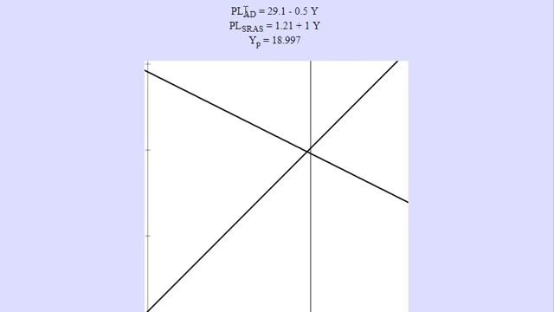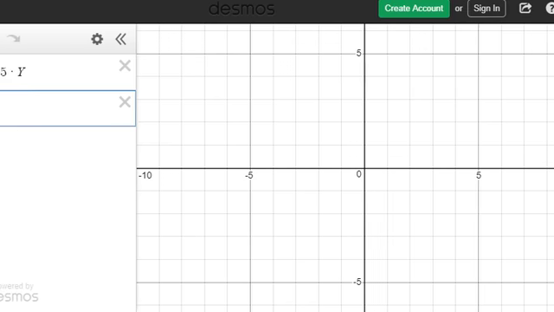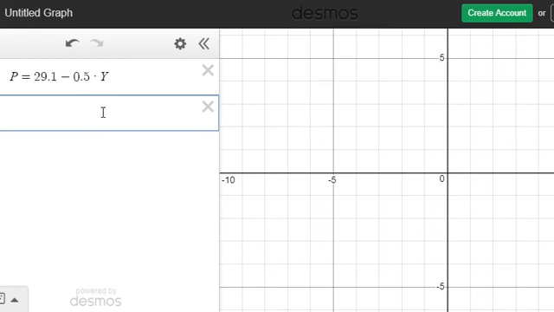Now, this is a cool tool you can use if you want to verify that. You can verify it right here. I'm going to copy this and drop it into Desmos. Okay, there's the equation.